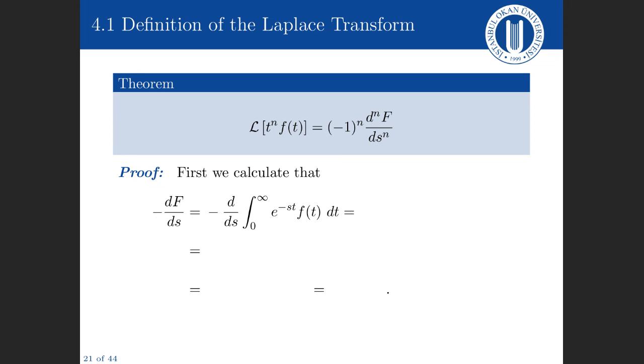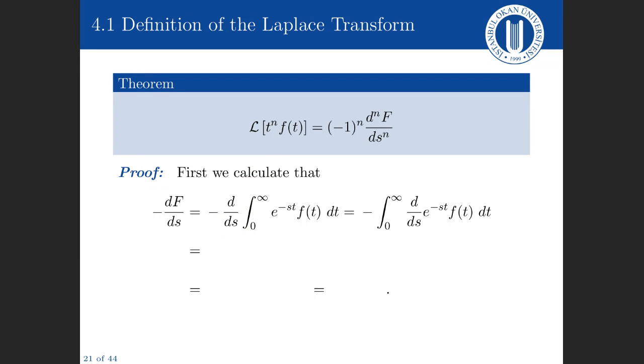Using the formula, that's the integral from 0 to infinity of e to the minus st f of t dt. And because all of our functions are nice functions, the exponential function is a nice continuous function, and small f is a piecewise continuous function, we can take the derivative inside the integral.